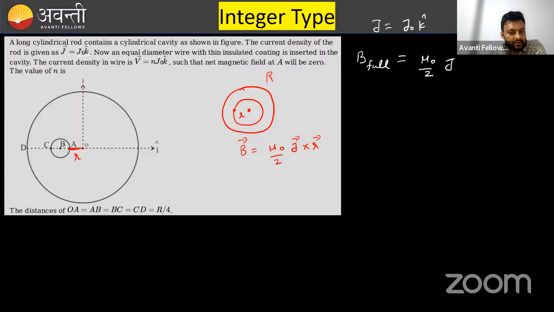And the angle is obviously 90, so I am writing just J and R. Can anyone tell me the direction of magnetic field at point A using the cross product right hand thumb rule, J cross R? This J is what? Current density, and this is given as J naught. So I am writing J naught into R. Direction.